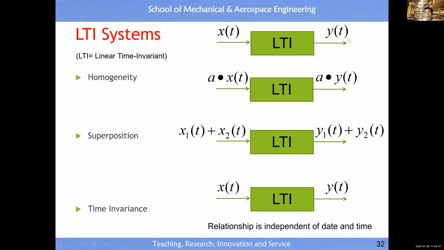This is a SISO system, single input, single output, because single input X1 will produce single output Y1. Single input X2 will produce single output Y2. So this MIMO system is equivalent to two SISO systems. One is between X1 and Y1, another is between X2 and Y2. Okay, so this is very important.